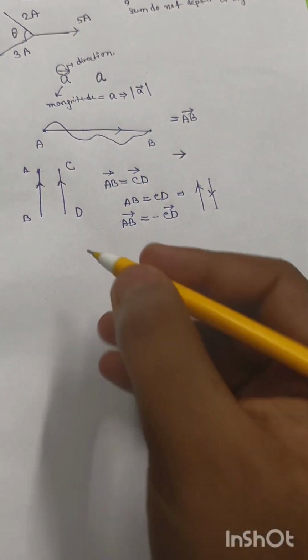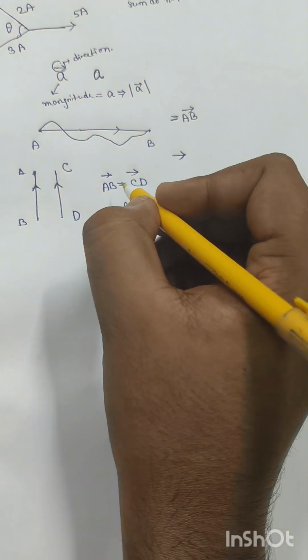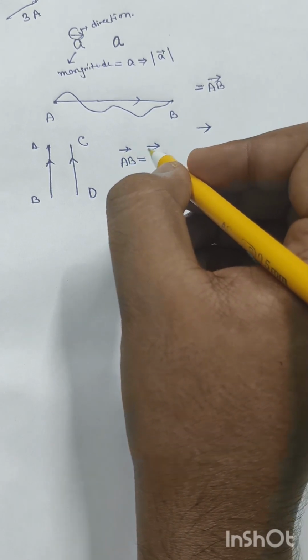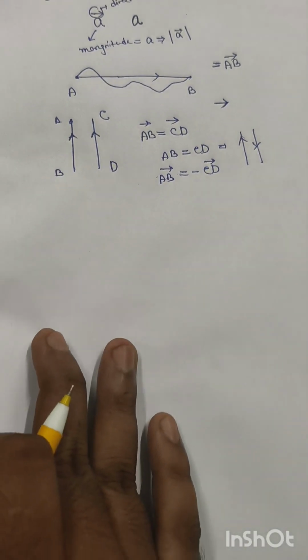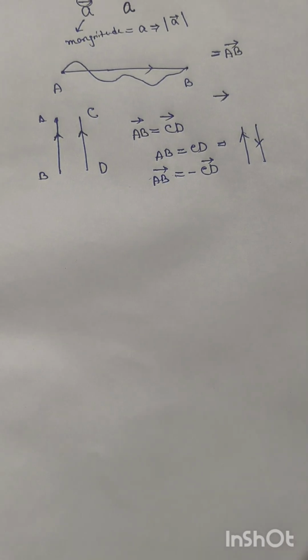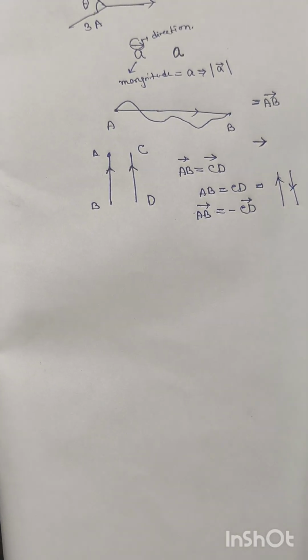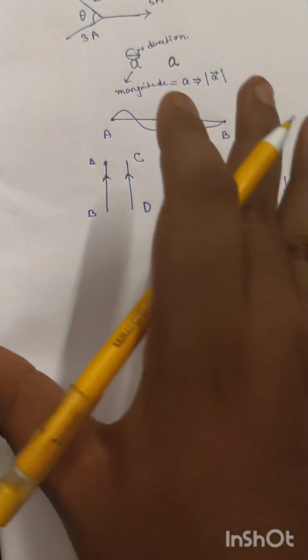Then collinear vectors. If AB and CD direction is the same, but their value is not the same, then we can say collinear vectors. And next, coplanar vectors. Suppose this rough plane, defined vectors are here, and these vectors like A vector, B vector, C vector, D vector, they all are situated in the plane.